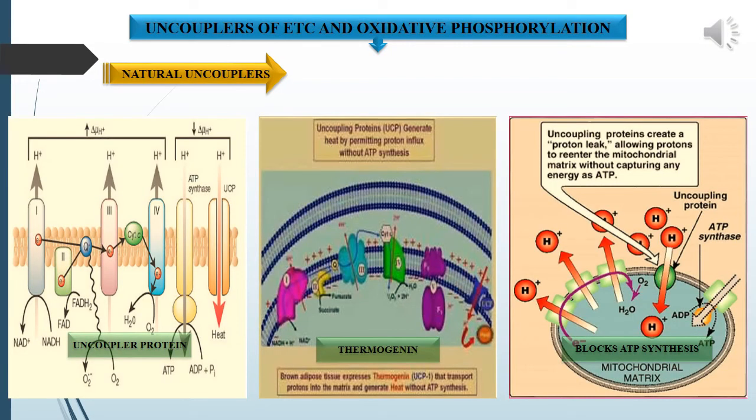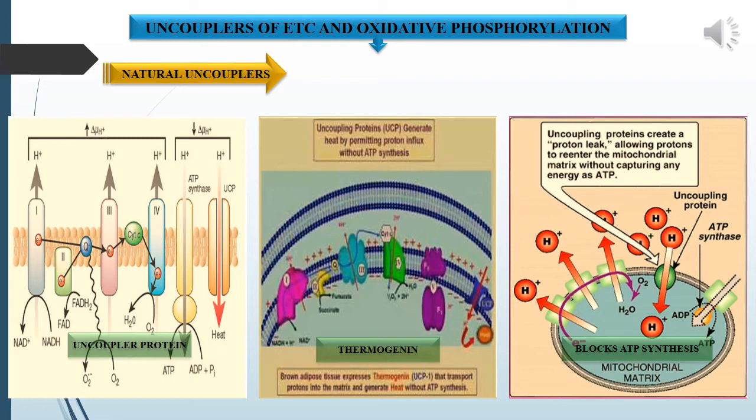Let's move on to uncouplers of electron transport chain and oxidative phosphorylation. We have discussed inhibitors of ETC and inhibitors of oxidative phosphorylation. Now let's see the uncouplers between ETC and oxidative phosphorylation. Firstly, natural uncouplers.